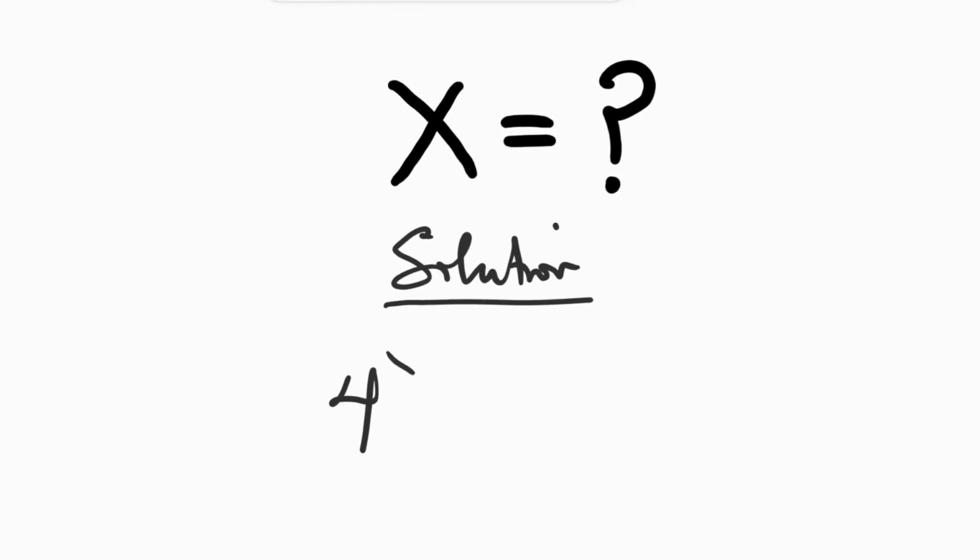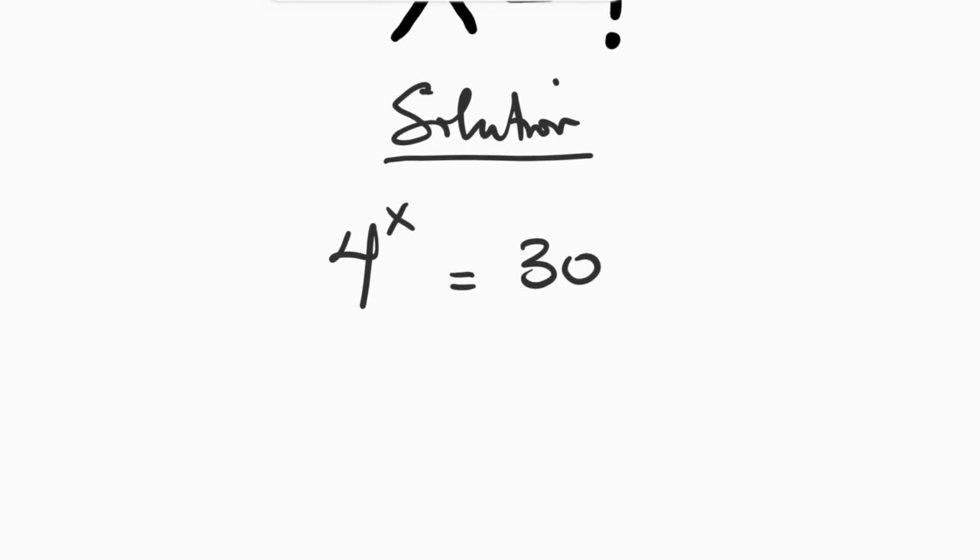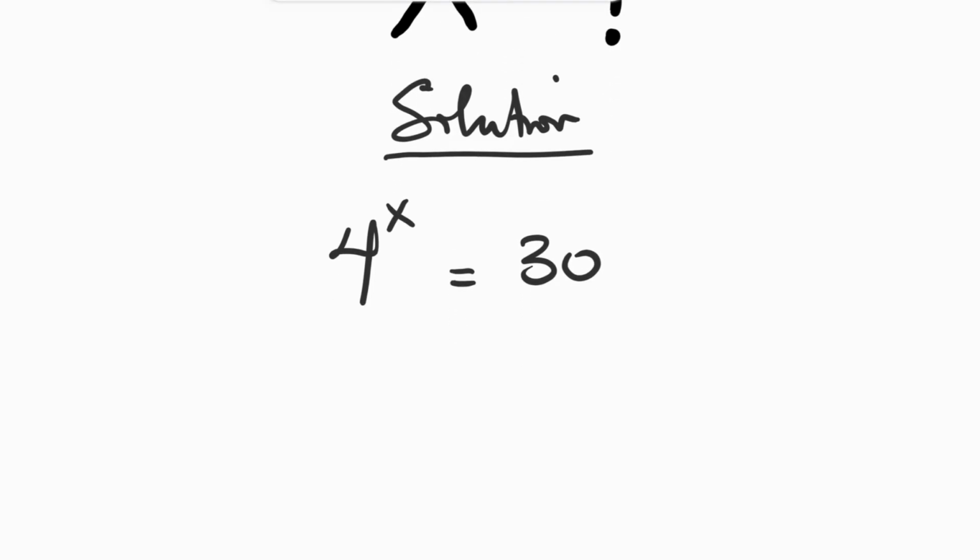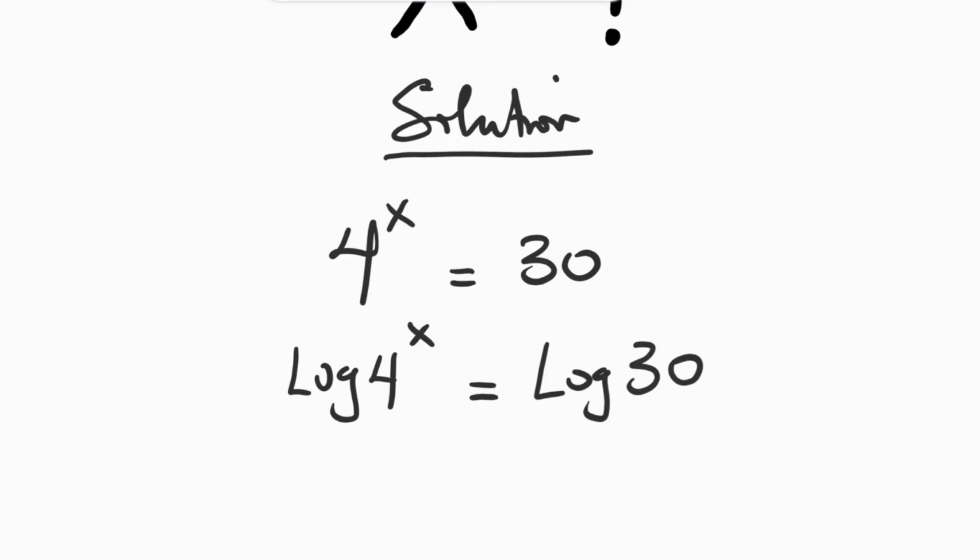So we have 4 raised to power x is equal to 30. To find the value of x, we're going to straight away apply log to both sides. So we have log 4 raised to power x equals log of 30.